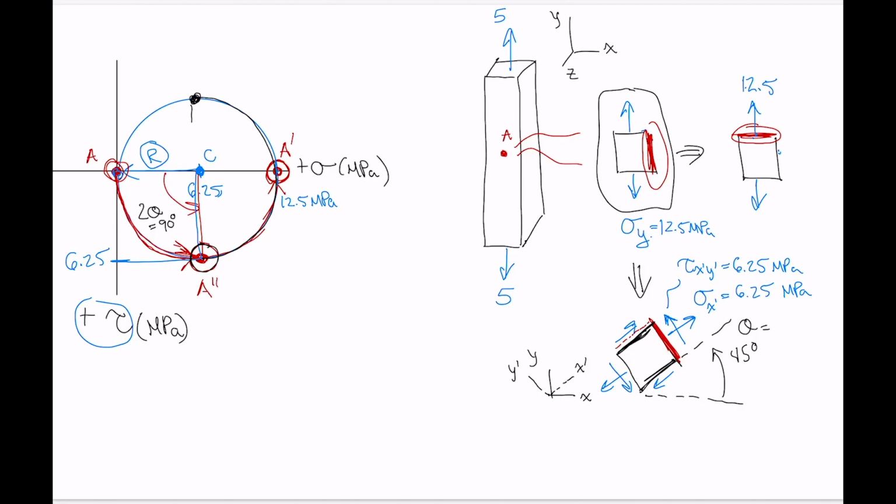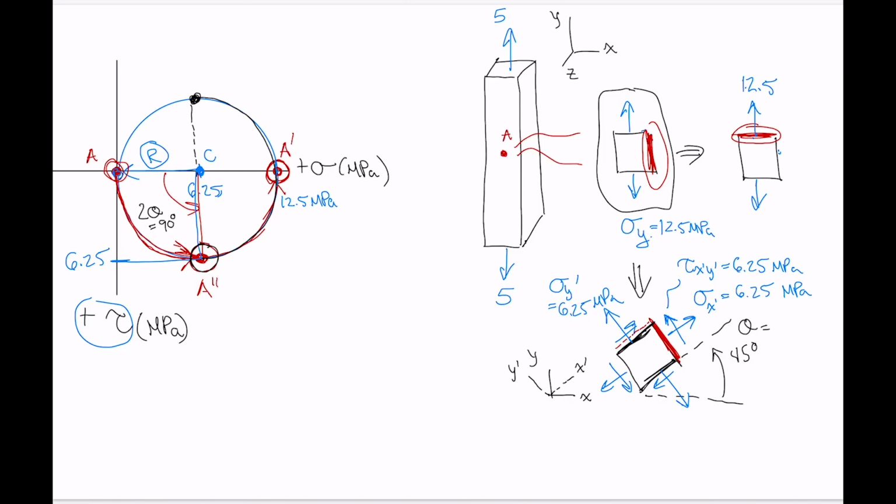If we read off the x-coordinate there, it's also 6.25. So that means that the top of this element also has a tensile stress. That sigma y prime is 6.25 megapascals of tensile stress.